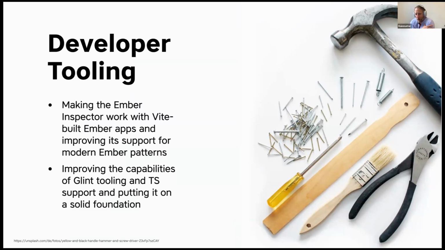So the inspector has to be updated to work with that. It's also lacking proper support for modern Ember patterns, like template tags and so on. Improving all that will definitely be a big improvement for developer experience and developer efficiency.